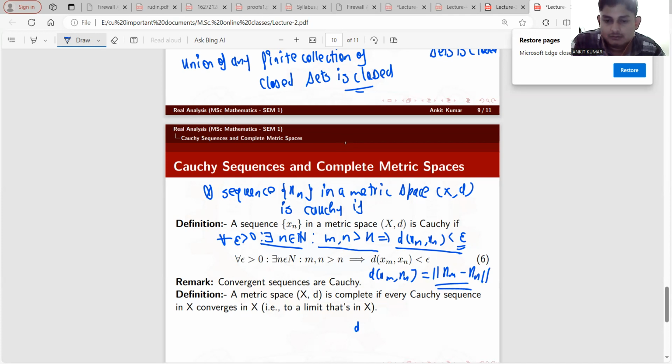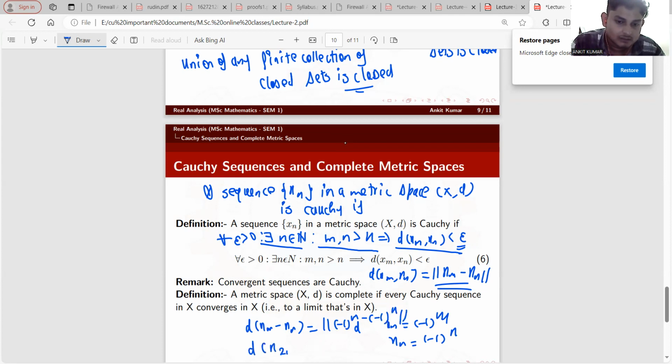Suppose x_n is (-1)^n, then the trivial metric space is also a Cauchy sequence, which satisfies the Cauchy sequence property.